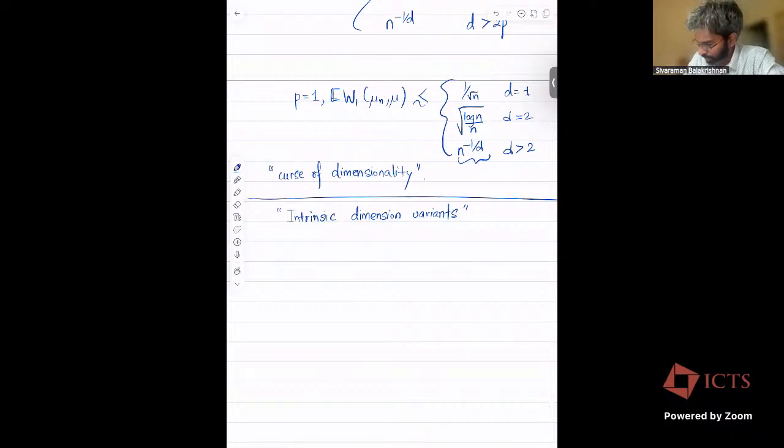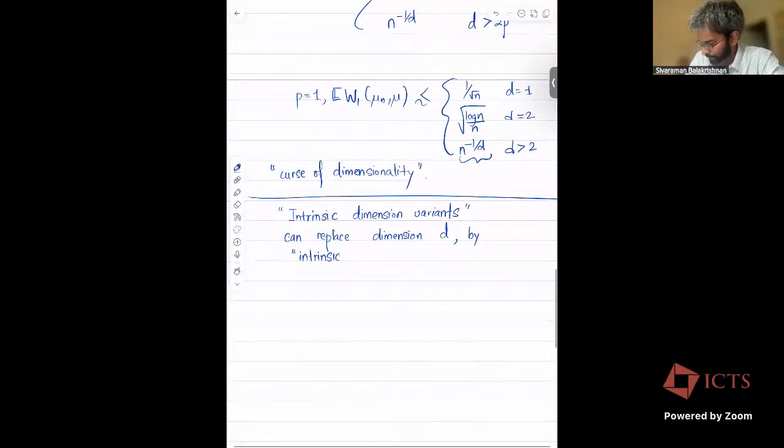Effectively, in all of the bounds above, you can replace the dimension by some other notion of dimension. There are many that will work, by some version of intrinsic dimension of the measure mu.